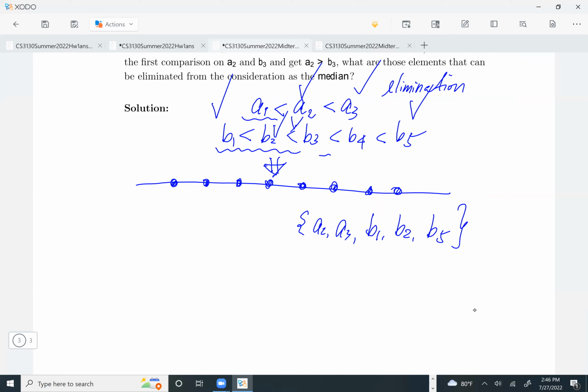Yeah, A1 we don't know. Okay, even A1, A2, we cannot say B4 is greater than any of them, right? Yeah, so B4, it's possible to be the median.